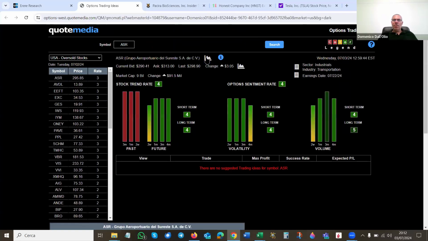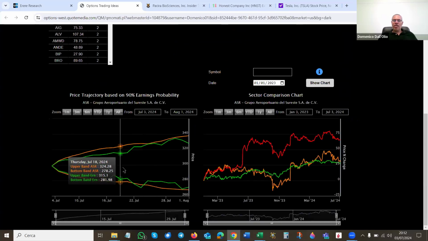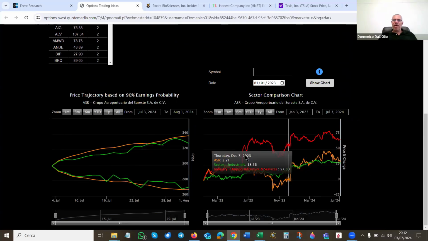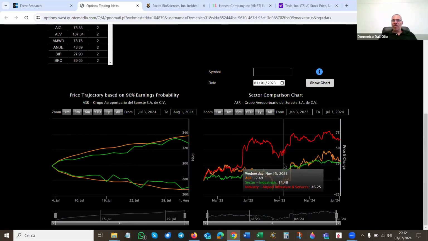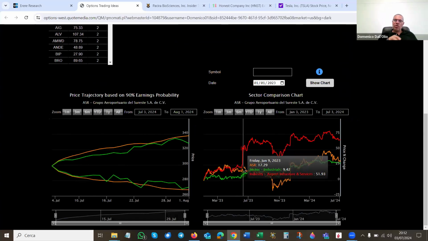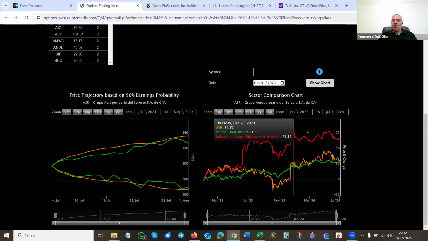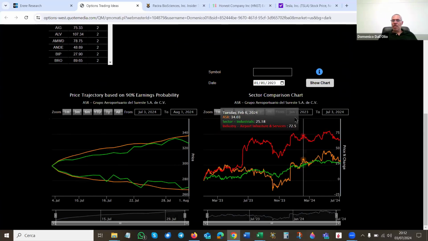Then here, you remember we already saw the trajectory chart in order to explain what the earning probability is. I didn't tell you anything about this one in the previous seminar. It's the chart showing the compared performance of the selected stock with respect to its sector and industry as of some date, which now is January the 3rd, 2023, but you can change the date.